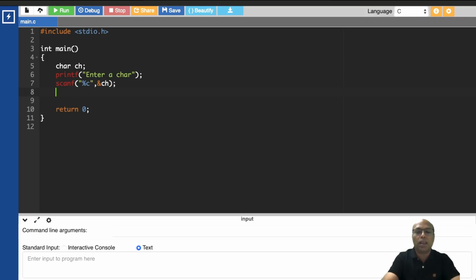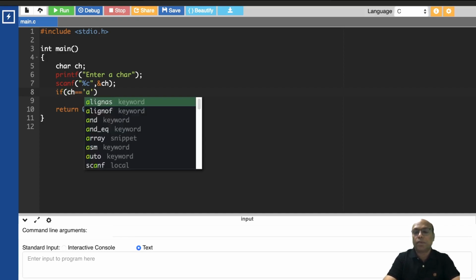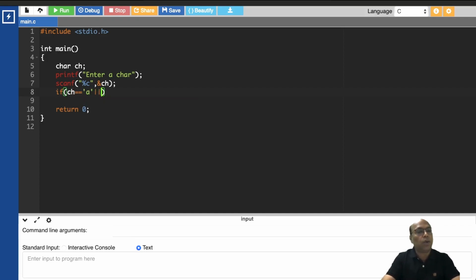Therefore, I am going to say if CH is equal to A, or, as I already told you, I can't put E in a single quote directly. Why? Because if you put E in a single quote, the right-hand side is non-zero, it will directly give you true.